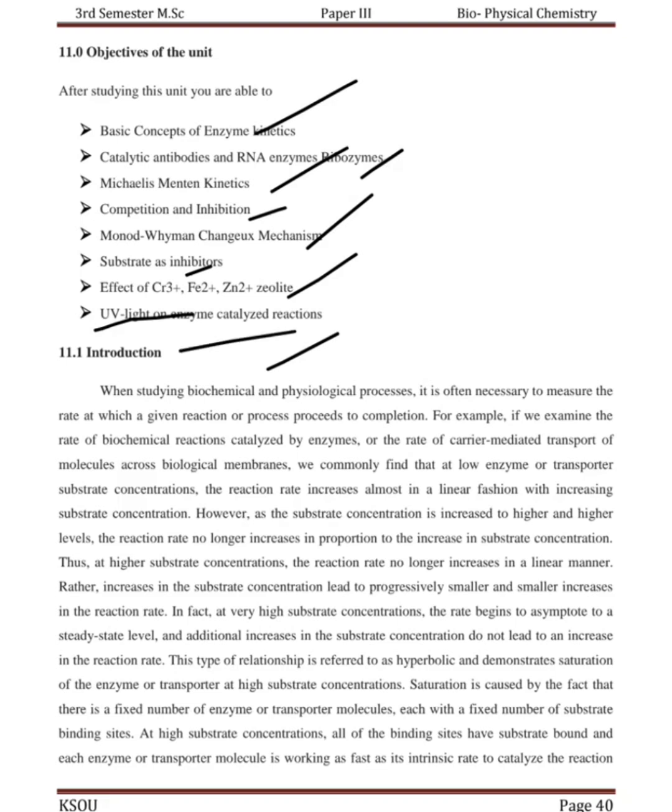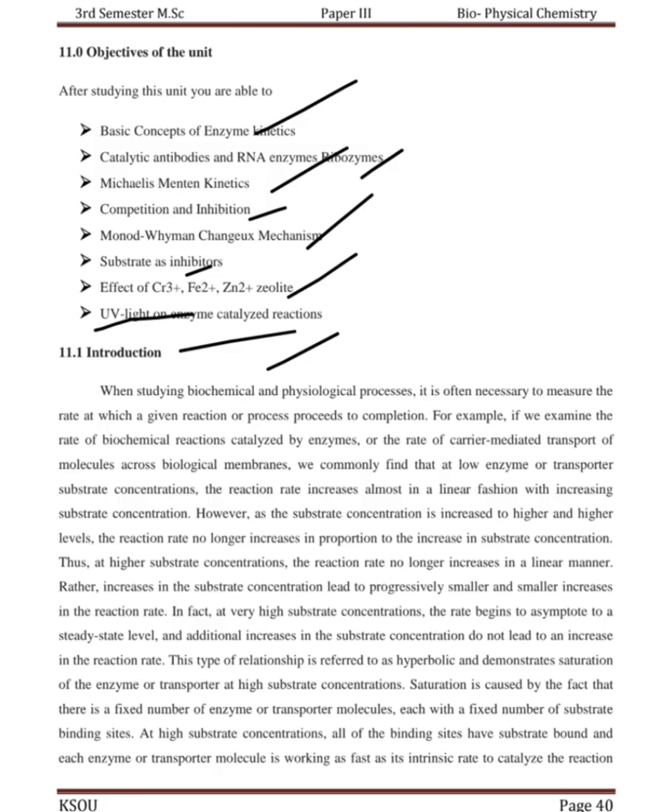Being biophysical, it mainly deals with physical, biochemical or physiological processes. It is necessary to measure the rate at which the given reaction or process proceeds to completion. So the rate at which the reaction takes place, we are going to study in this unit.